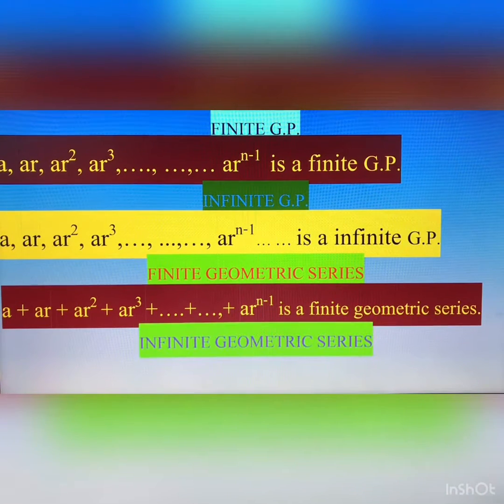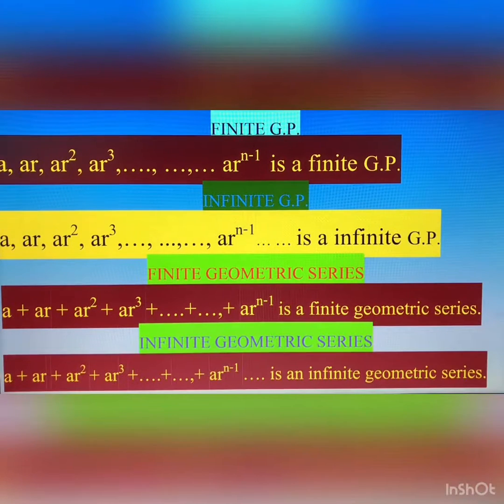After that, infinite geometric series. If the number of terms is not finite, not fixed, then that type of series is an infinite geometric series. So you can see that in this series there are infinite number of terms, so this series is an infinite geometric series.